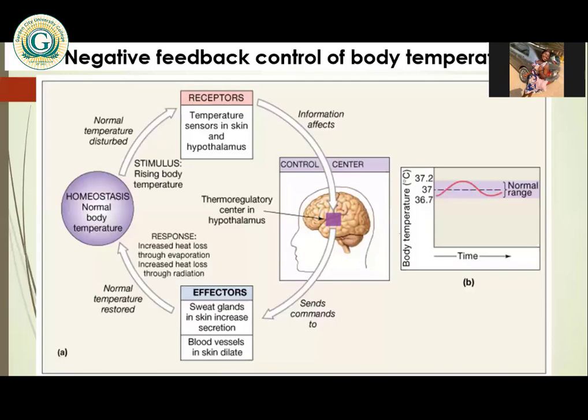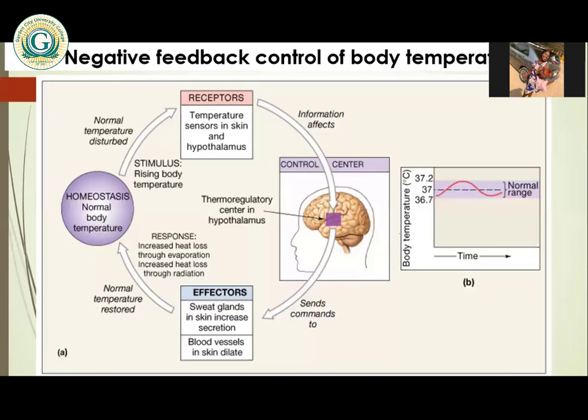When the receptor sends the information to the brain, it will send command to the effectors. I will use the sweat glands. With the sweat glands, the individual will be sweating profusely. So during the profuse sweating, there will be loss of heat and the body heat will balance, causing the body temperature to regulate to its normal rate.